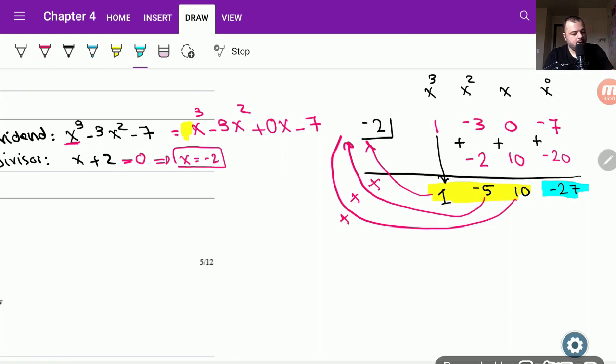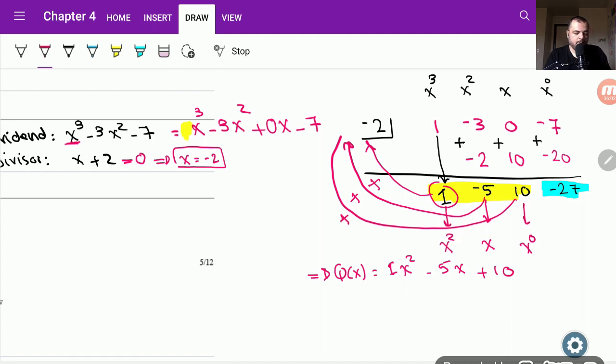So what is the quotient? This number is the coefficient of x squared. This one is the coefficient of x. This is the constant, or the coefficient of x to the power of 0. Then Q of x is 1 times x squared, negative 5 times x, plus 10.